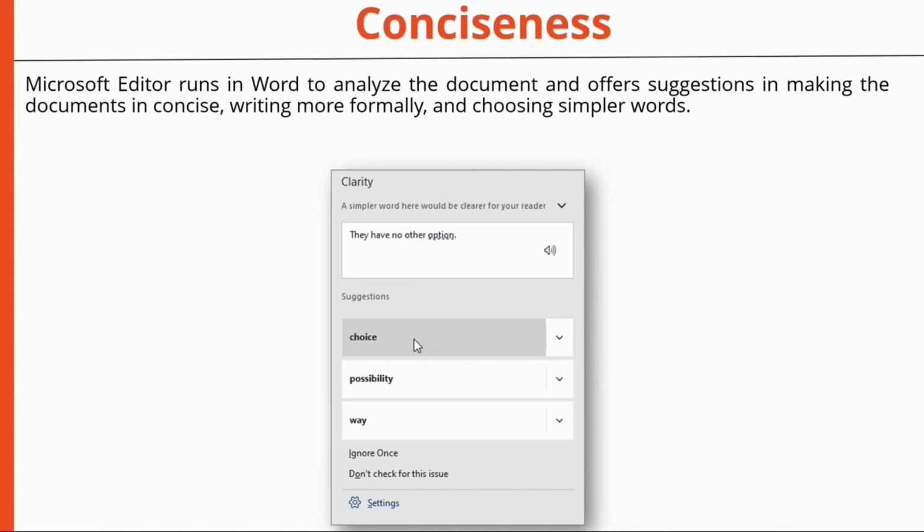It is an AI-enabled application, and if you have a Microsoft Office 365 subscription, you will be able to use Microsoft Editor. So please contact your IT support to see if you can avail a Microsoft Office 365 subscription to use Microsoft Editor in all the Word documents that you create. It's a very useful application, and obviously your document will be completely free of grammatical errors and misspelled words, and will have proper sentences.